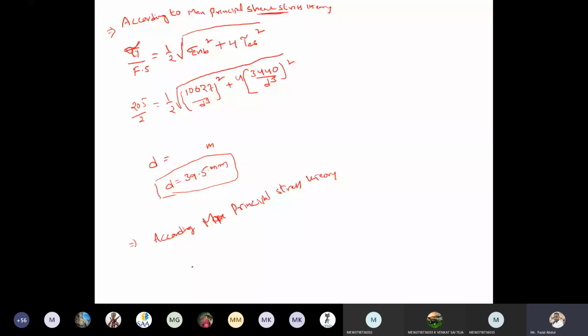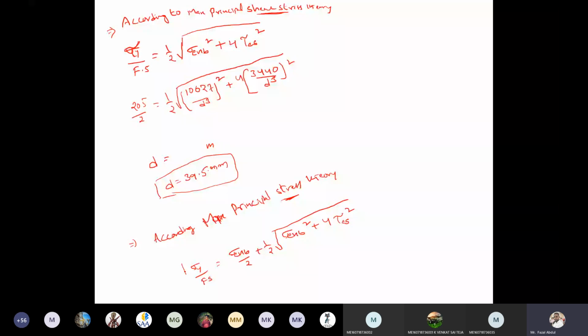Yield stress by factor of safety equals effective normal stress due to bending by 2 plus 1 by 2 square root of effective normal bending square plus 4 shear square. So if you substitute, we'll get another value.